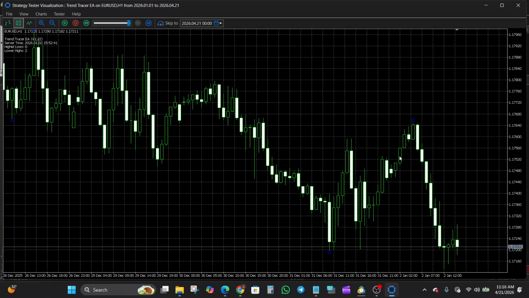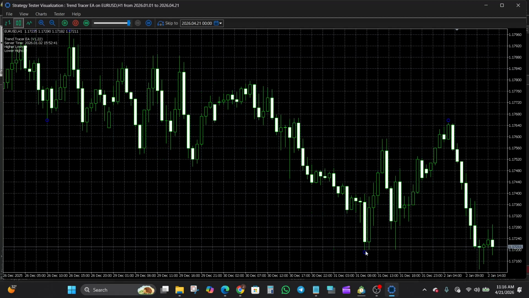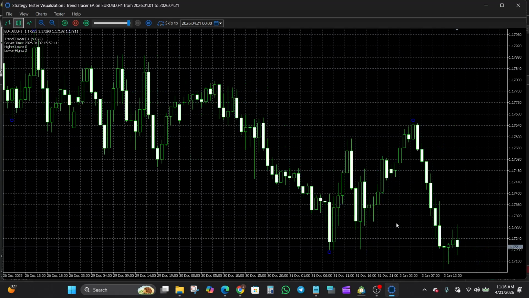Now, if we take a closer look at this, we'll see that price here had formed a clear structure shift, right? We had a previous high here, and then we had a lower high here. You can see that, and now price is attempting to break a key level, which is a lower low. You can see a low here. This is a lower low, and price is attempting to break this key level.